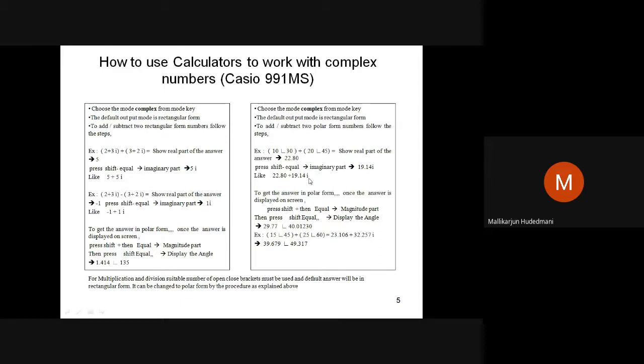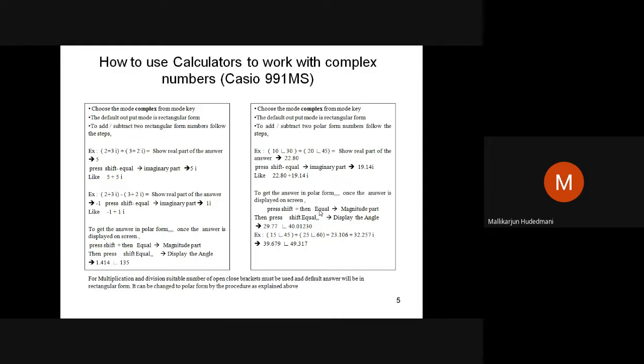But you are not interested in this rectangular form. Your interest may lie with the polar representation. Then what should we do? Whether you are displaying 22.80 or 19.14i, hit shift plus, the shift key and the plus key on your calculator. Then equal. You will see "Ans r theta" in your display. That means you are converting the output display to polar notation.